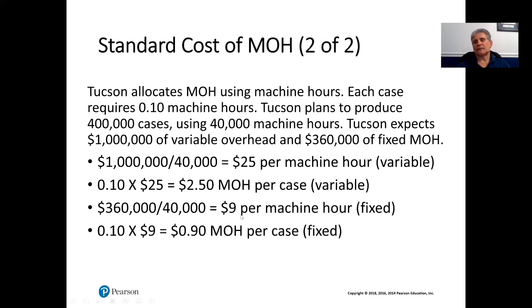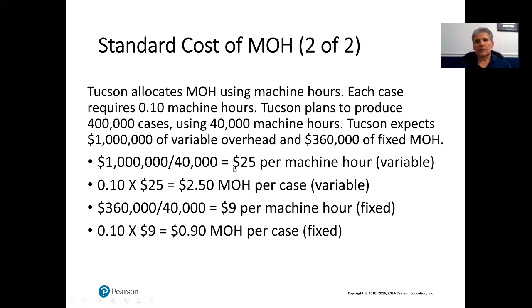That's a projection, that's the rate we're going to use. And then we multiply that $9 per machine hour times the number of machine hours per case. Each case requires 0.10. So 0.10 multiplied by the $9 will give us $0.90 of MOH per case.